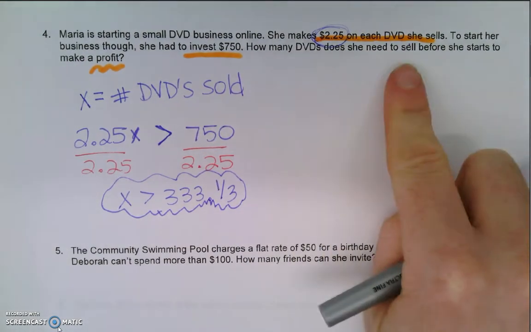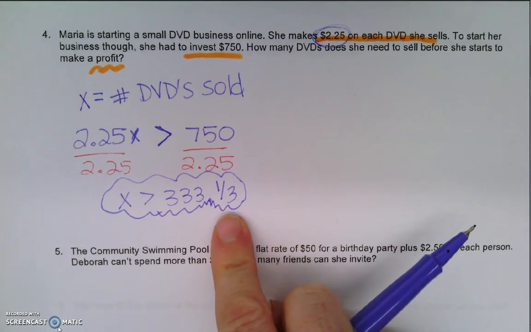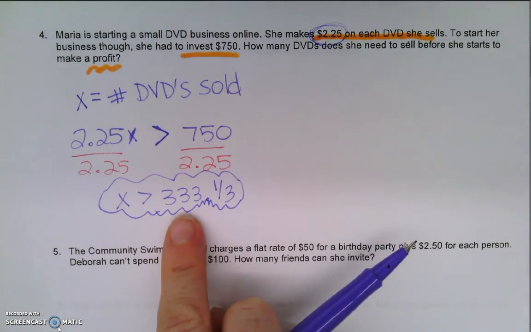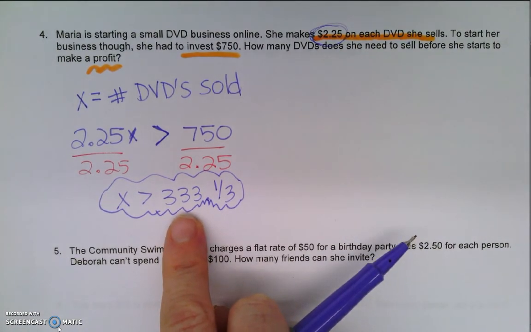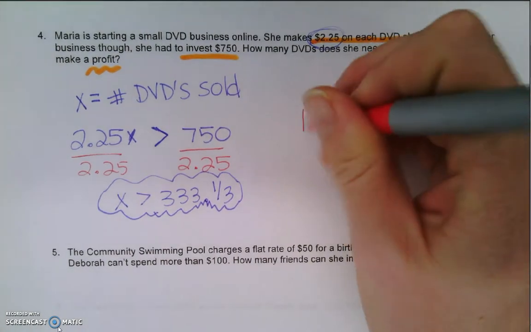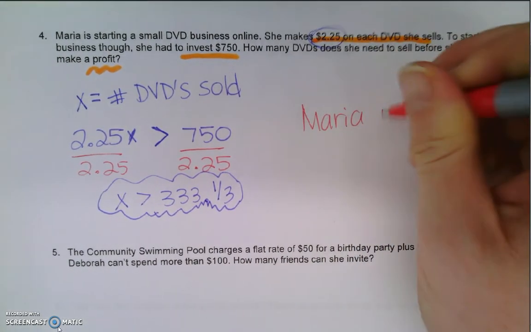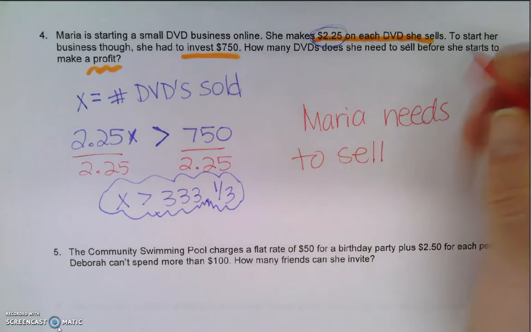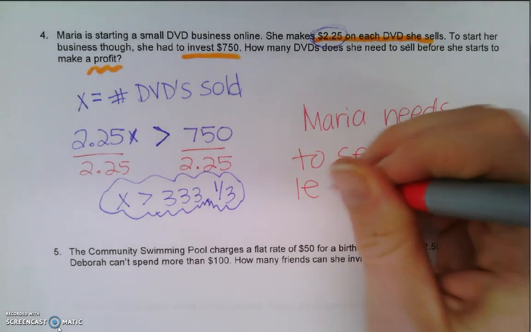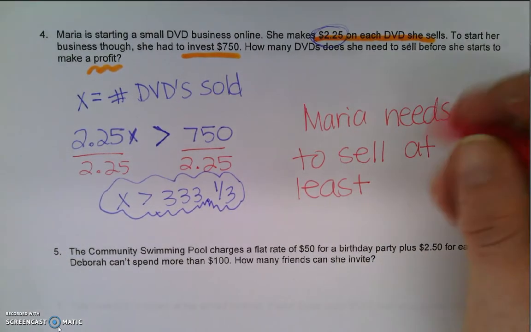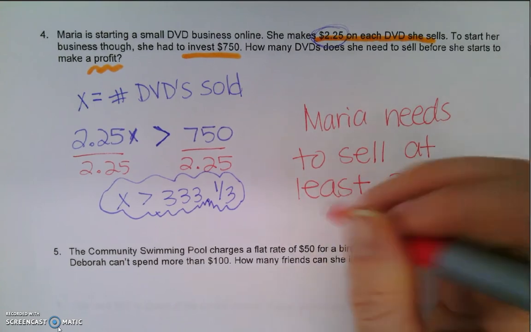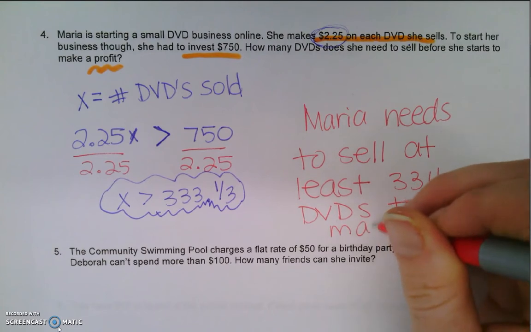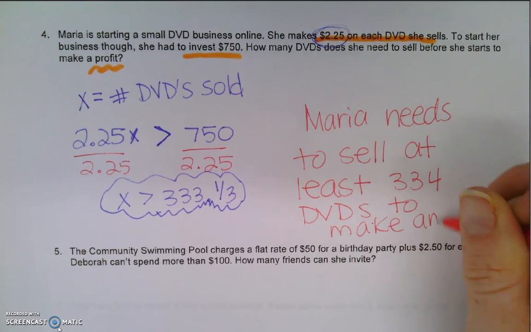How many DVDs does she need to sell? Can you sell 1/3 of a DVD? So if I sell 333 DVDs, will we be making a profit yet? No. So Maria needs to sell at least how many DVDs? 334 DVDs to make profit, to make any profit.